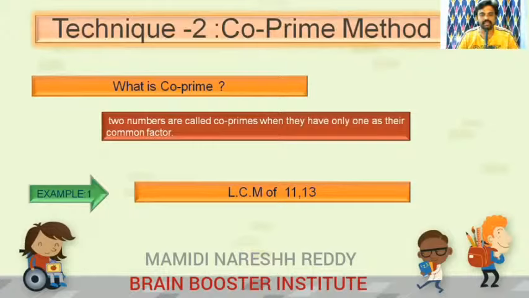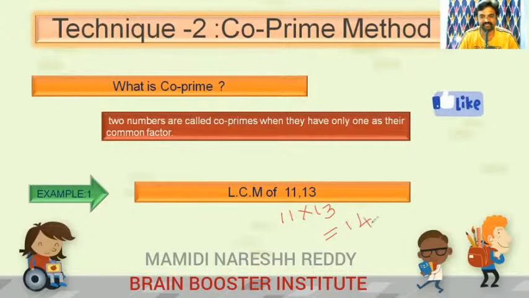So whenever there are co-primes, their LCM is nothing but the product of the given numbers. Simple. Got the point? So the LCM of 11 and 13 is just to multiply them. 11 into 13. 11 thirteens are how much?